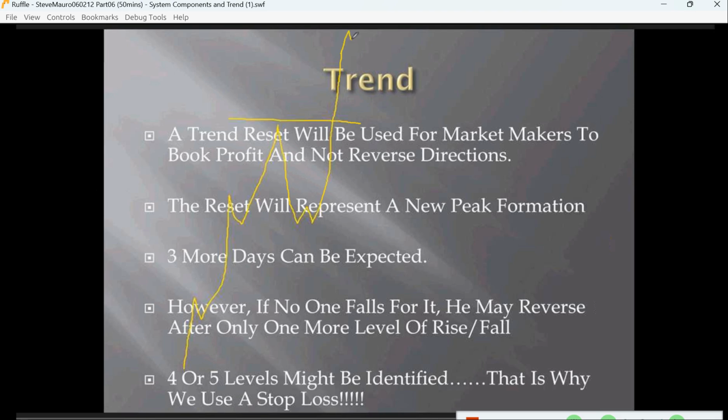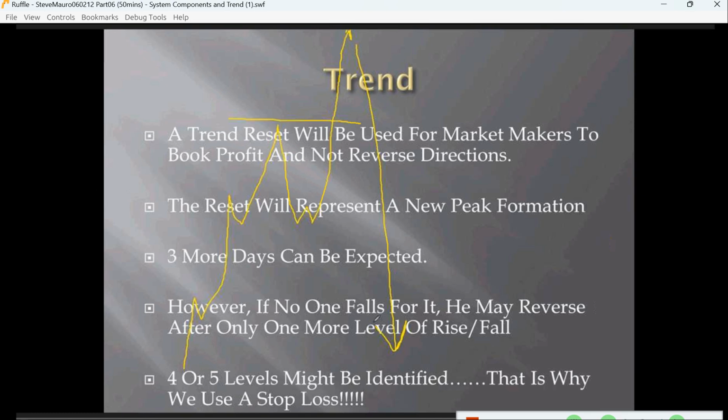I'll extend higher, or I'll come back and extend lower. It depends on his book. Understand that if no one falls for the extension or the bite, he'll reverse the direction after only one more level, possibly.